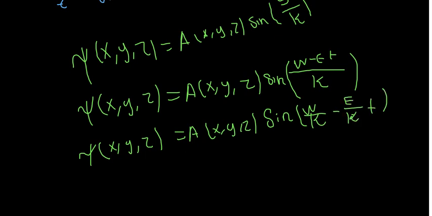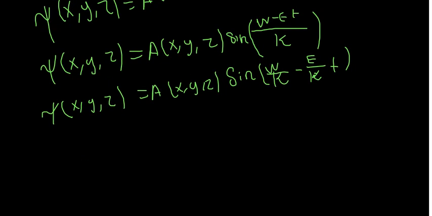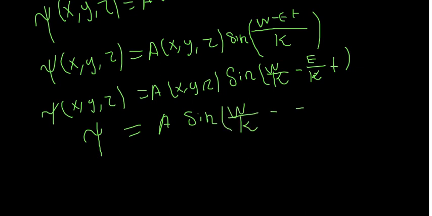So psi equals A sine of W over k minus E over k t.